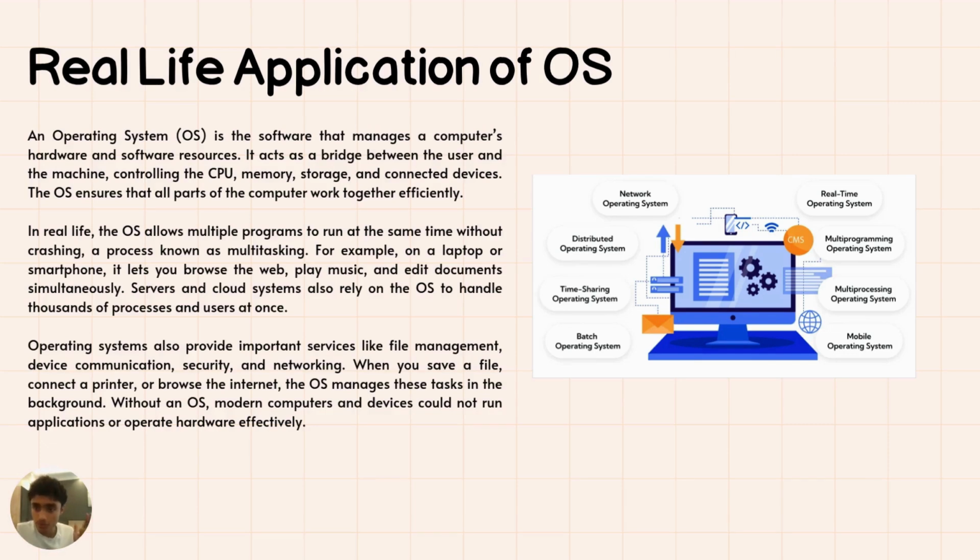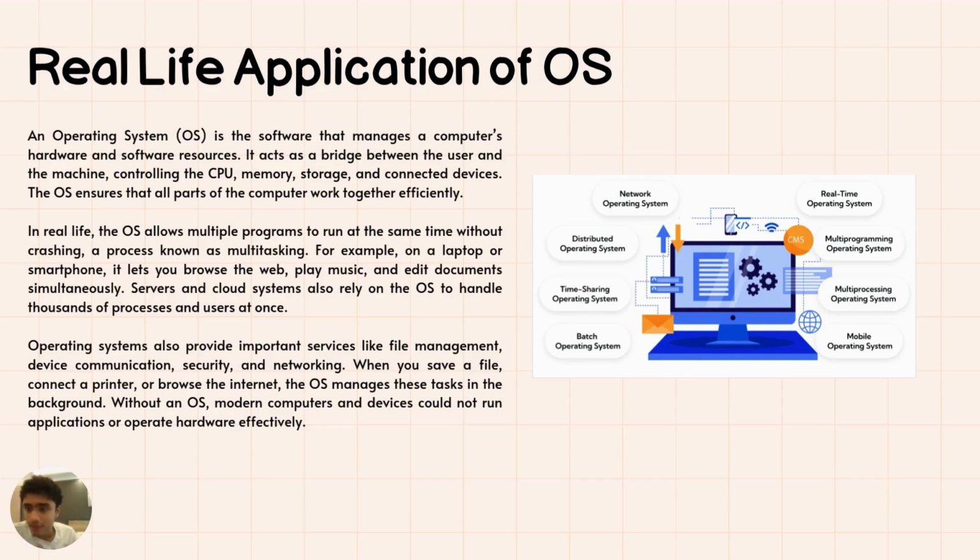Its purpose is to run applications and files efficiently. For example, operating systems like Microsoft Windows, the Linux operating system, and the Mac OS we've discussed before allow users to browse the internet, create documents, play music, and handle and interact with different programs, which helps you to multitask in your everyday work life.